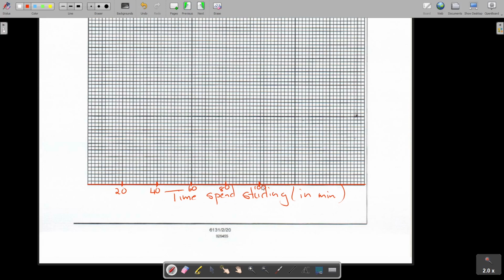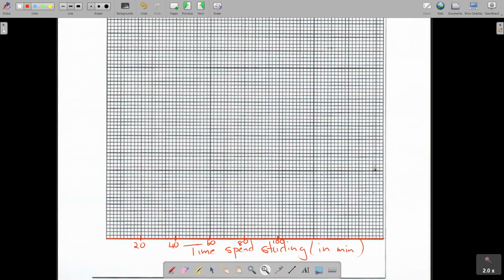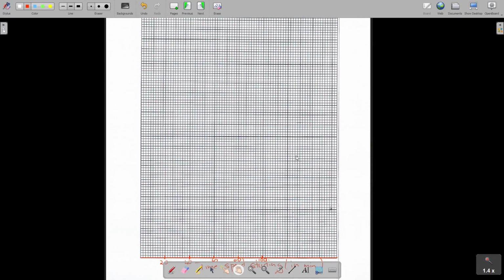Okay, then it's exactly the same here. I'm just going to go a little bit bigger. And then it's just going to be like this. And I'm going to do exactly the same. I'm just going to mark my 20s. Now, as I said, I sometimes struggle a little bit more to see my lines.